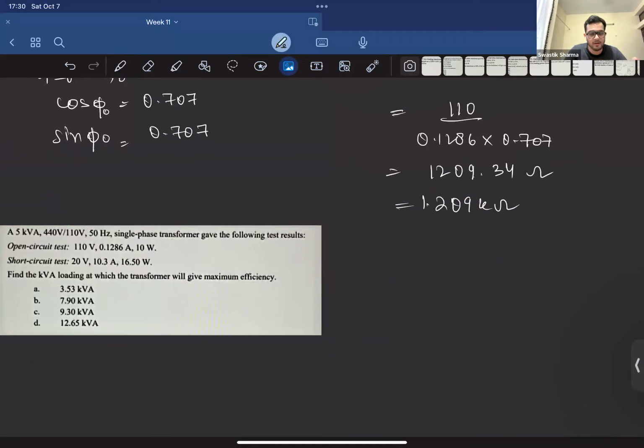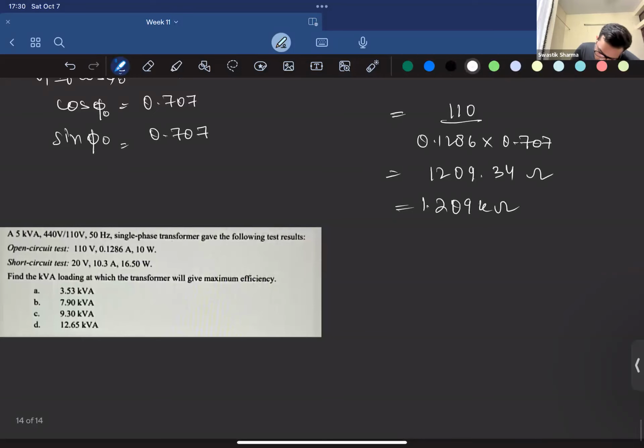So in this question, we were required to use only the open circuit test, right? But now it's asking for the kVA loading at which the transformer will give us maximum efficiency, right? So copper losses are only known in the short circuit test, right? So we can see R1, okay, one second.